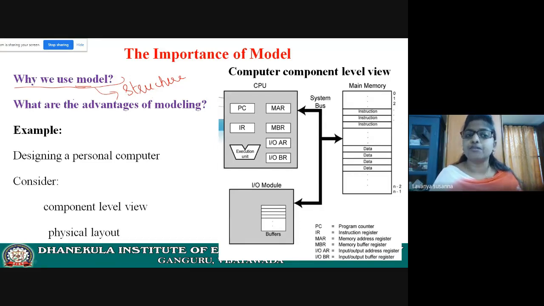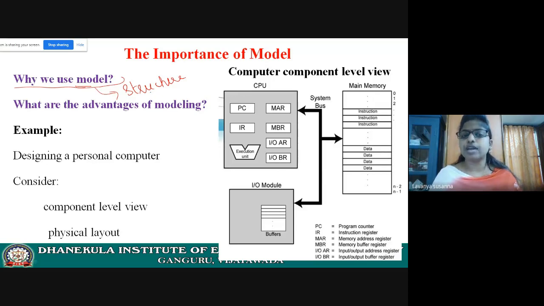Again, I am repeating, what is model? Model is a structure which is used to express a complex system. If you want to express your complex system, you need to use this structure. This is nothing but model. Structure is a diagrammatic representation. Why do you need to show your concept in the form of diagrammatic representation?